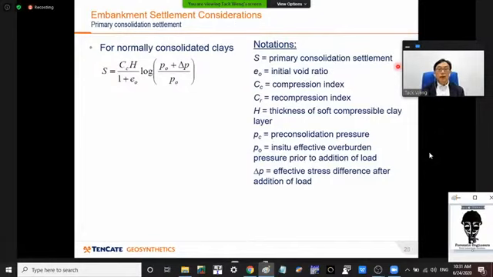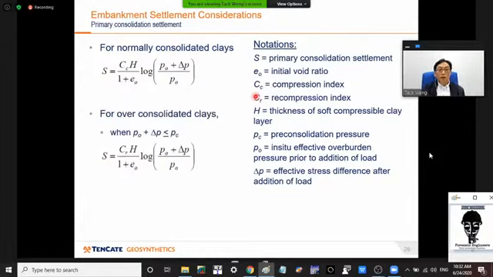To calculate the magnitude of this primary consolidation, there are two parts to the equations that are used. One, if the clay is normally consolidated, it follows this equation here.